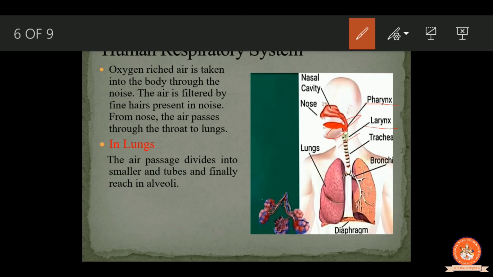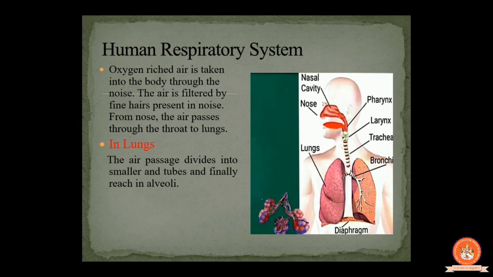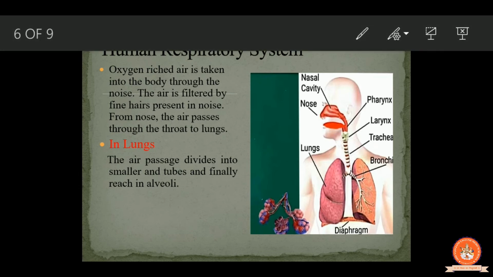Then after, the air passes through the bronchi. Okay, this is your bronchi, and bronchi have some small branches which you are seeing, that are called bronchioles. Now bronchioles have a small balloon-like structure that you are seeing on your screen.